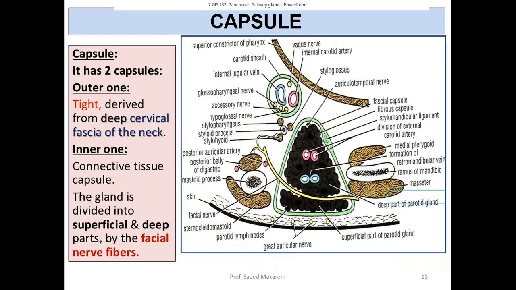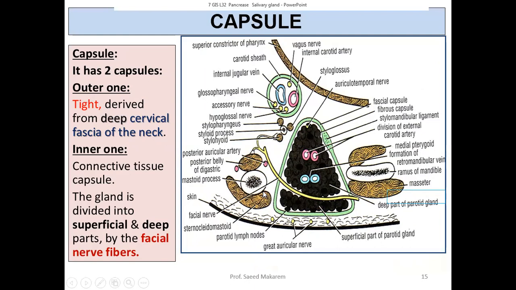If you cut and see, this gland has a capsule from outside. The whole gland is covered by a thick capsule, which actually has two layers, the outer as well as the inner. The outer one is derived from the deep cervical fascia, so it is nothing but an extension of the fascia.